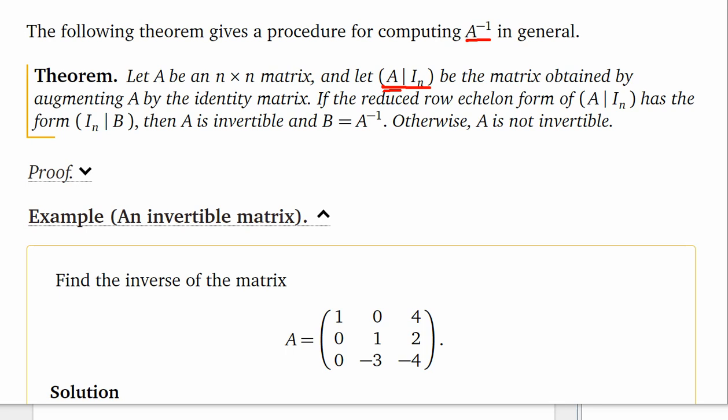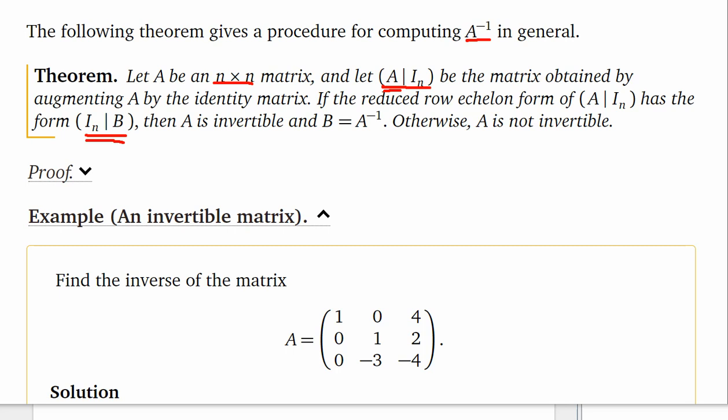Now remember, A must be a square matrix, must be n by n. So I know exactly what identity matrix to augment it with. And then I row reduce it all the way to the form where I have the identity matrix on the left side of the augmentation bar and some matrix on the right.